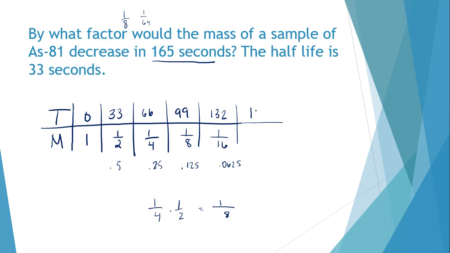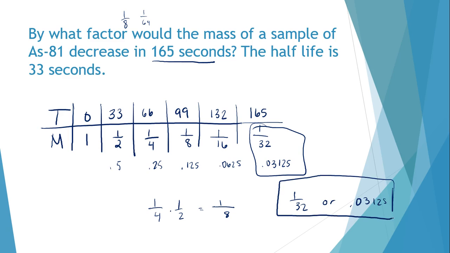And then this would lead us to 165 seconds, and half of 1/16 would be 1/32nd, or in decimal land would be 0.03125. So I'll take either of these as answers. There's 1/32nd remaining, or 0.03125 of the original sample remaining.